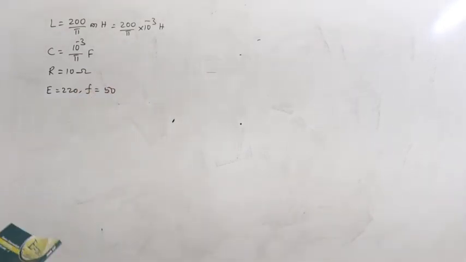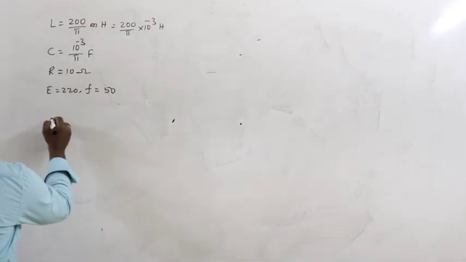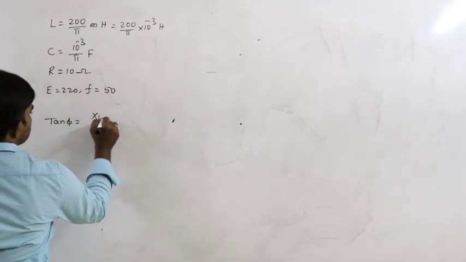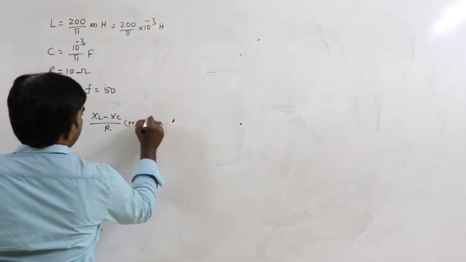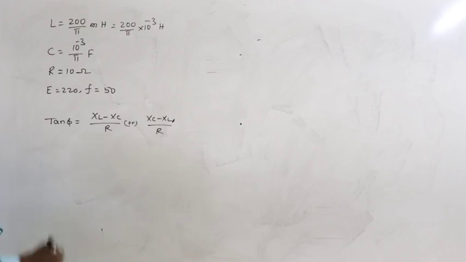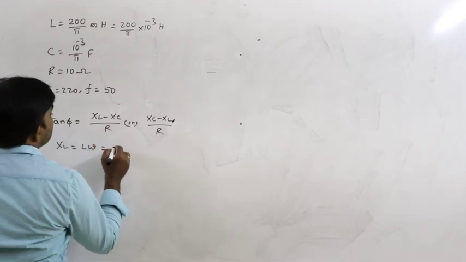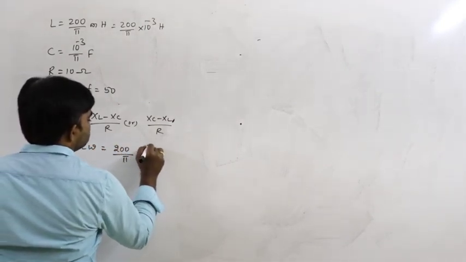So first, in a series circuit, the phase angle tan phi can be written as (XL minus XC) by R, or (XC minus XL) by R. That means we have to first calculate which of these two is more. First, XL can be written as L omega. What is L? 200 by pi into 10 to the power of minus 3.